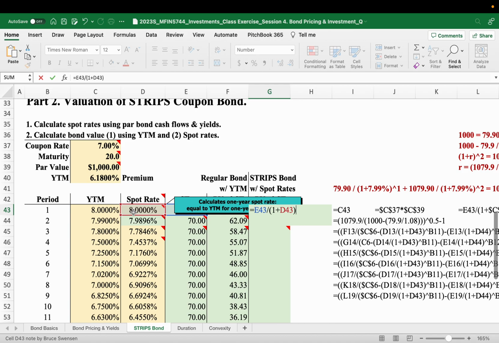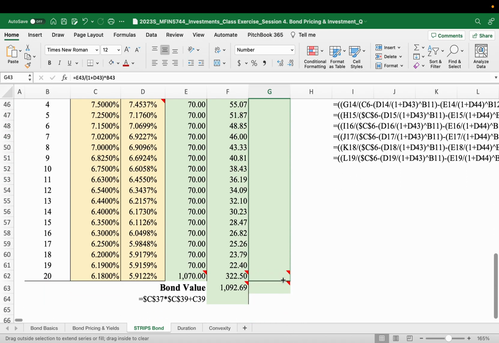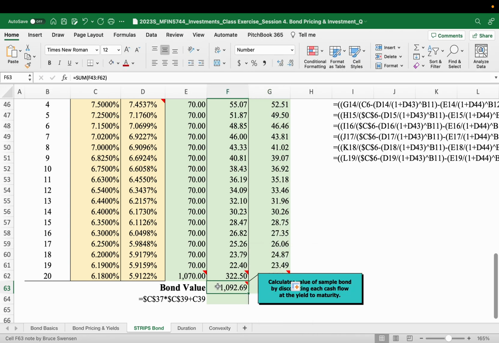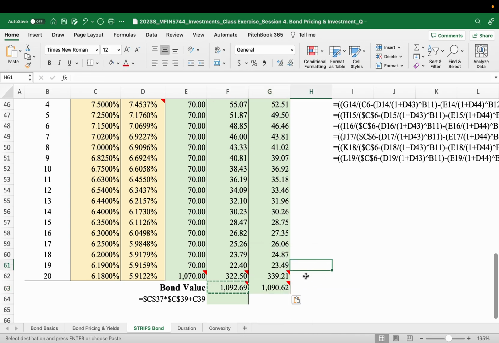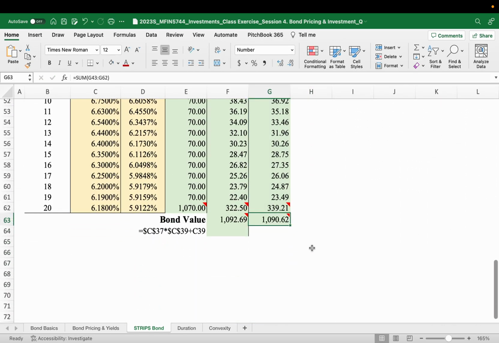Now to the power of 1. So let's drag it to the bottom, and then let's sum. I can just copy and paste. So the sum of all these cash flows is now we have a different bond price, right? So these differences can give you the investment opportunity once you are able to calculate the bond valuation.